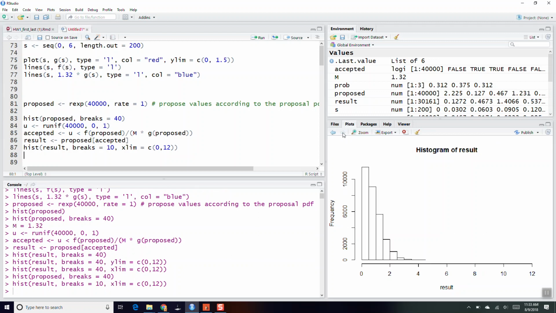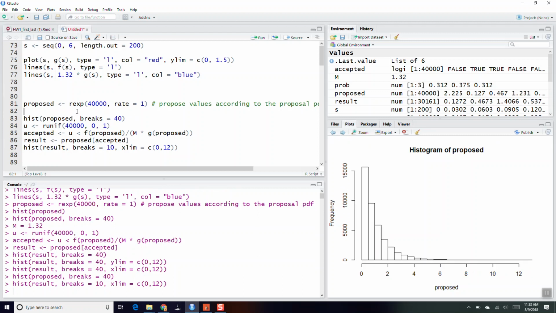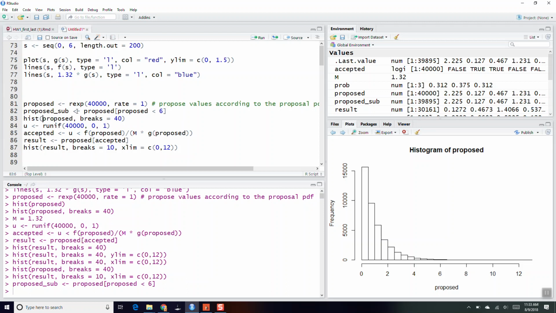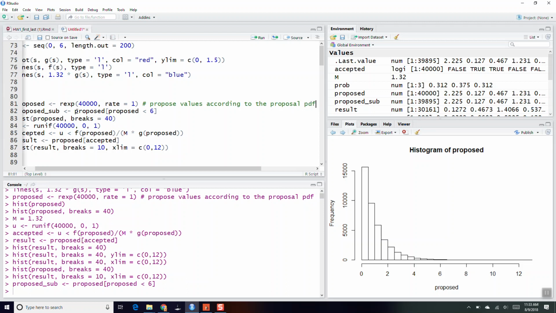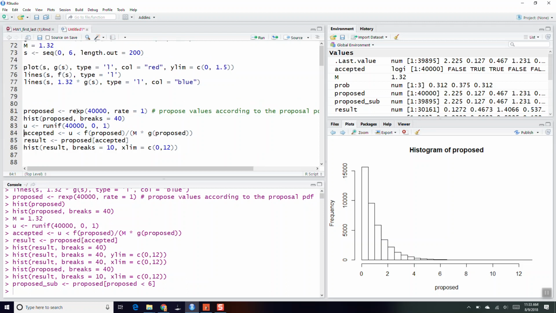And then these are the ones that we accepted, okay? Let me just subset my proposed to those that are less than 6, just so we can compare these two.